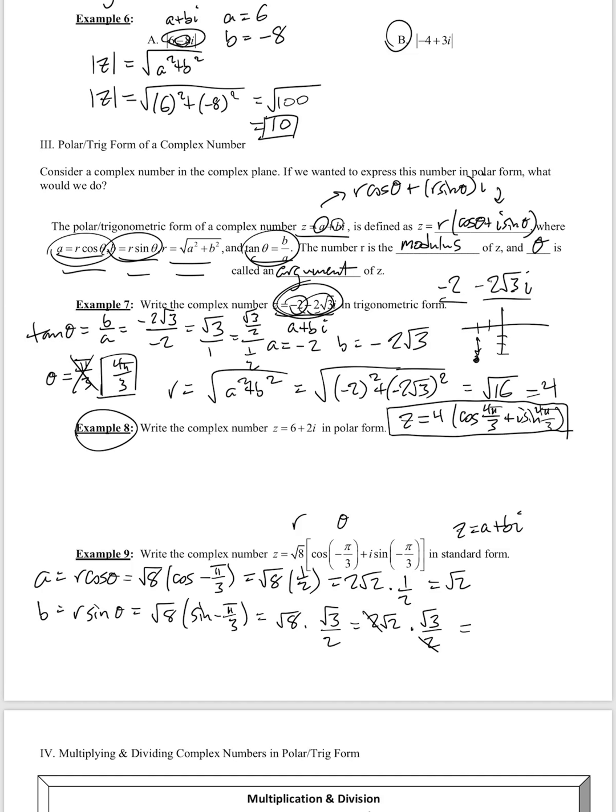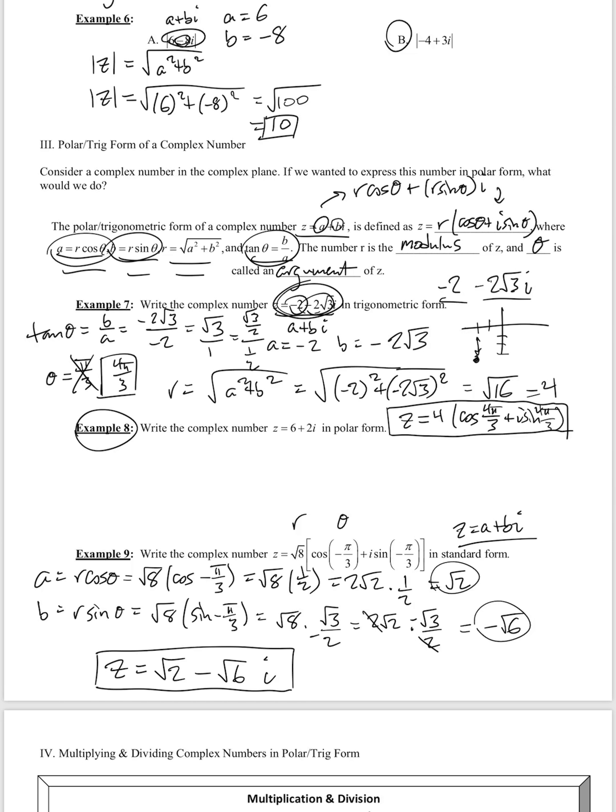And actually, sine of negative pi over 3 is going to be negative square root of 3 over 2. Sorry about that. So I get negative square root of 6. So this is a, this is b, so I can write this form. z equals a plus bi. And that's the complex number.